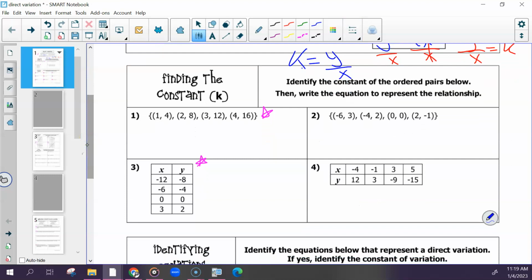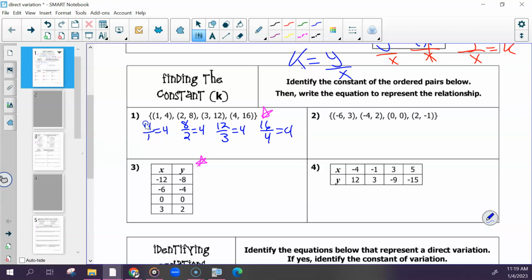So starting with number 1, we would divide y over x for each one. Simplify it. So 4 over 1 gives us 4. 8 over 2 gives us 4. 12 over 3 gives us 4. And 16 over 4 also gives us 4. So it's the same.